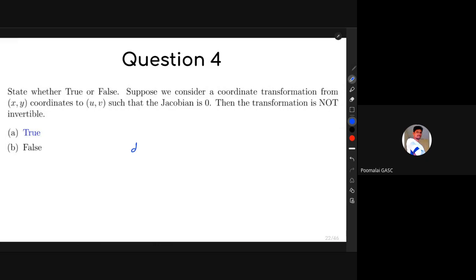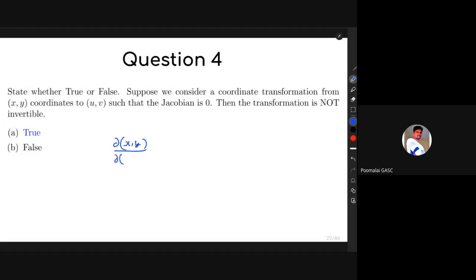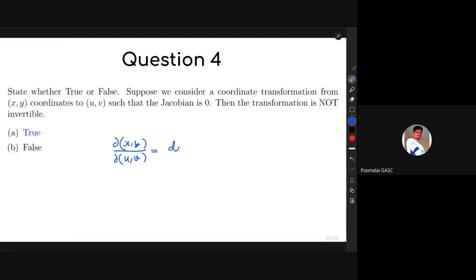Jacobian is the determinant of the matrix with entries dx du, dx dv, dy du, dy dv.